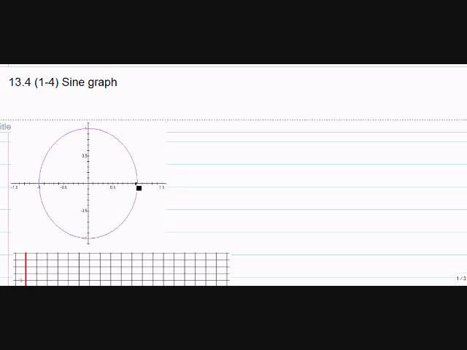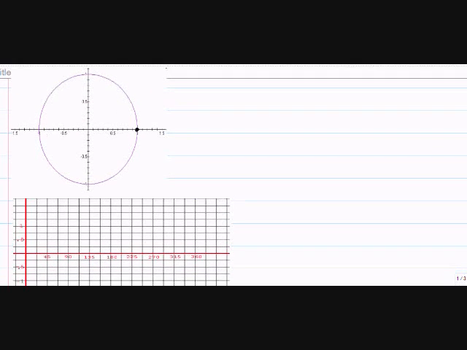I'm going to take the ones at the coordinates 1, 0, 0, 1, -1, 0, and 0, -1.